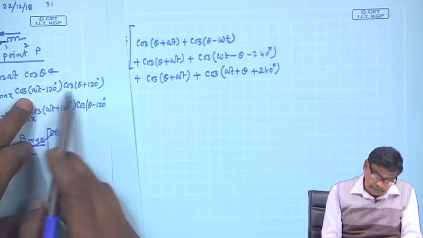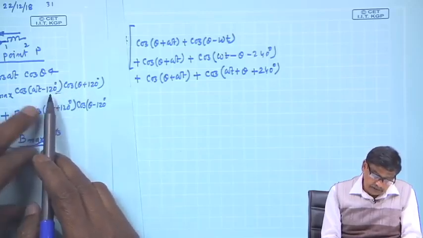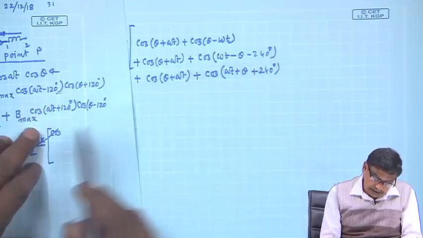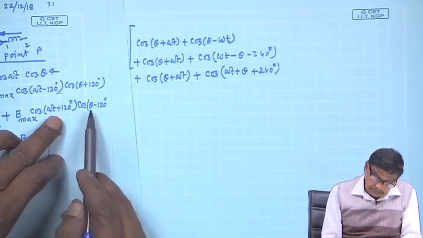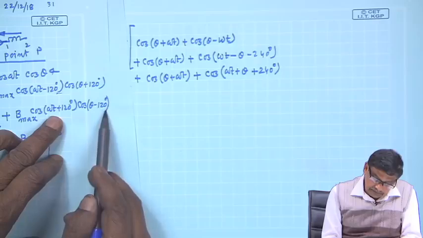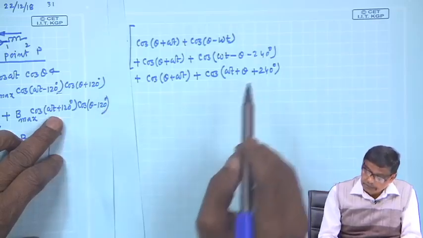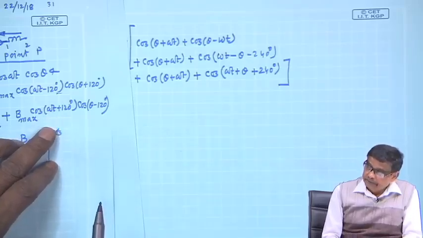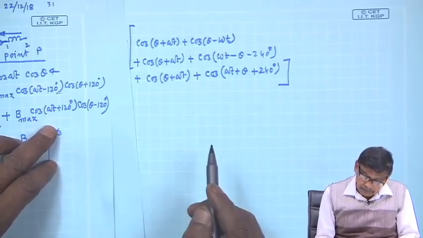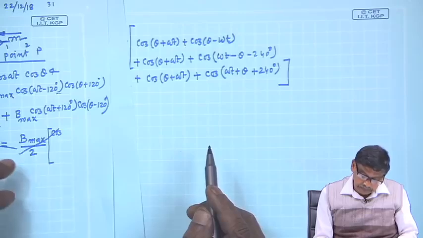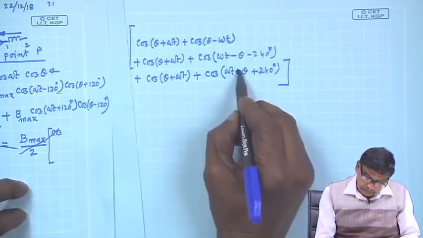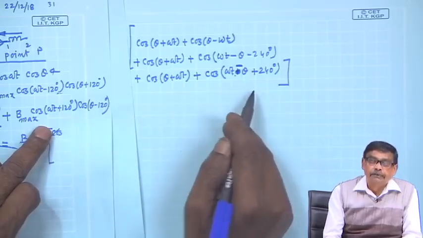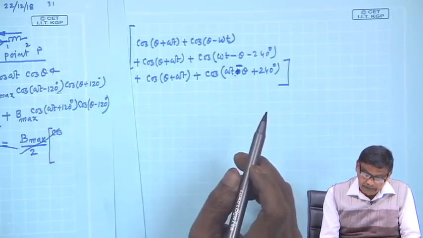So, A minus B: the second term was minus 120 minus 120, minus 240, and here it is plus 120 minus minus 120. So, that will be plus 240, and this will be the situation. So, this will be the thing omega t minus theta minus 240.